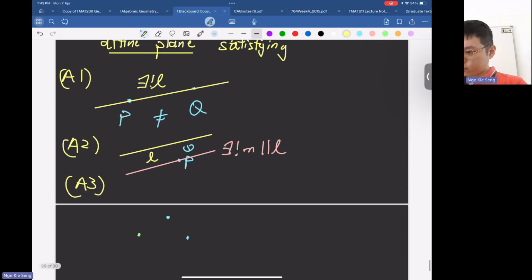Maybe like this. Can I draw like that? Three non-collinear points. And there's these three non-collinear.